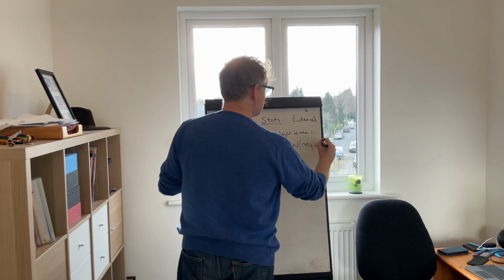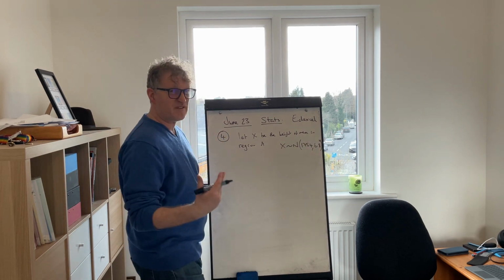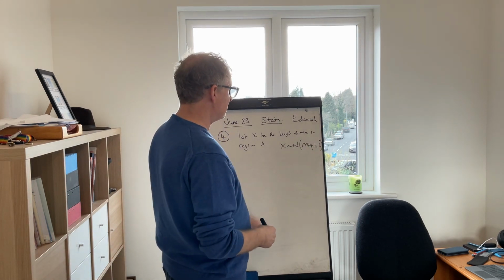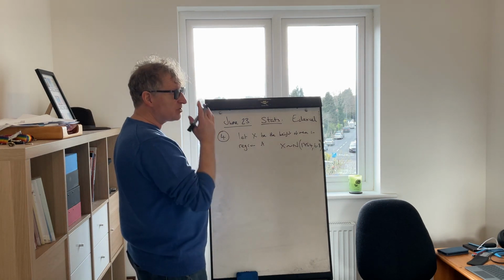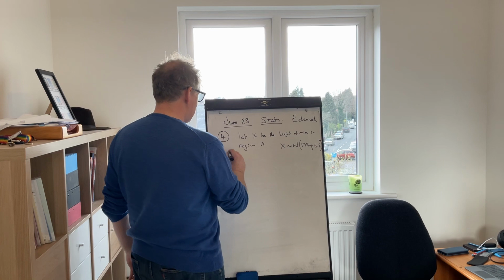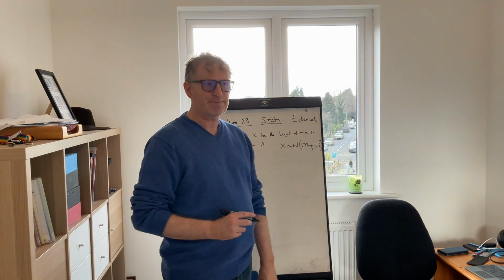So when you write in the standard deviation for the normal, you always put the standard deviation squared, you put the variance in. Anyway, so 6.8 squared there, keep it in mind. Right, so the first question says, find the proportion of these men that are taller than 180.